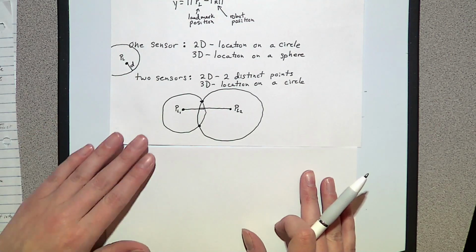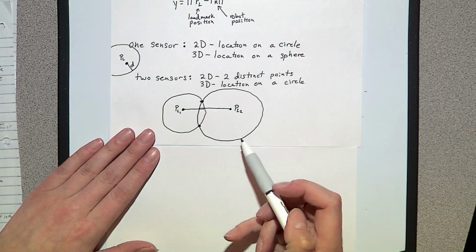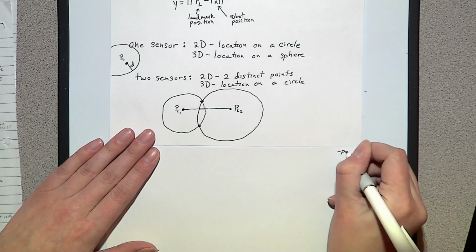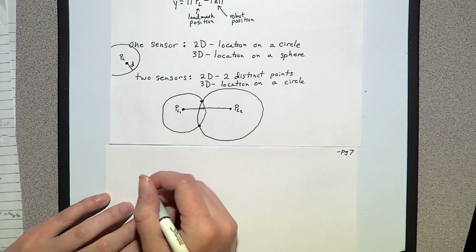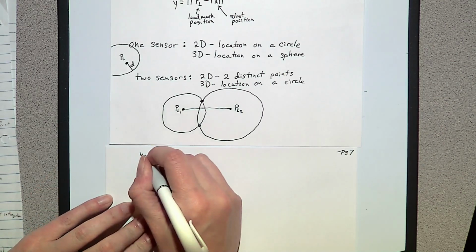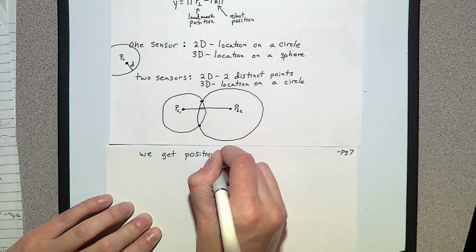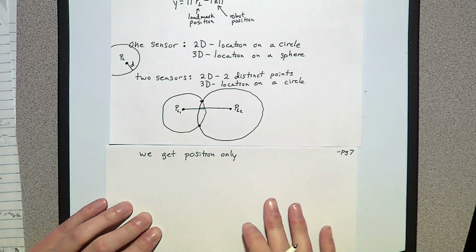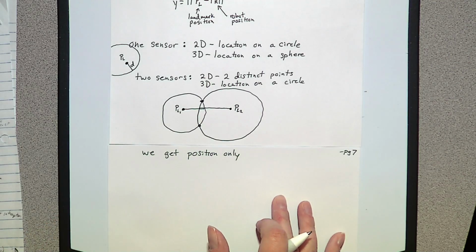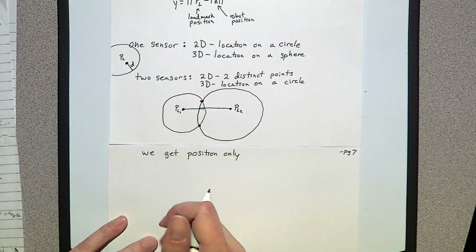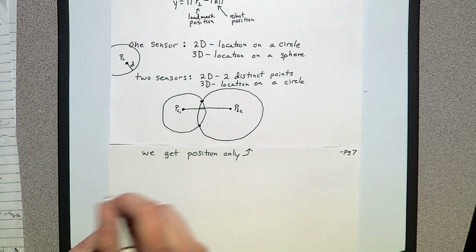And one thing to note is that when we're using range sensors like this, we get position only, for those cases.